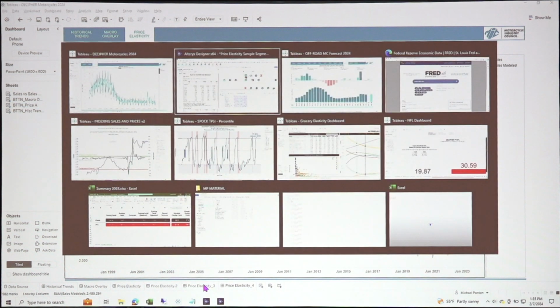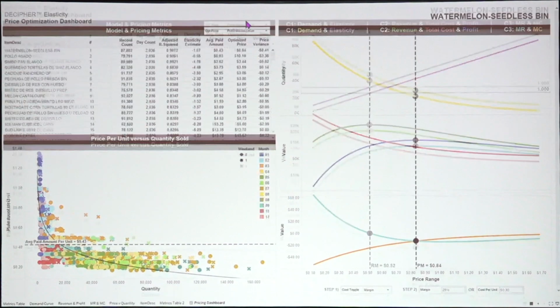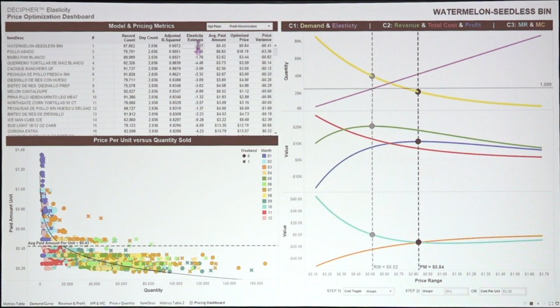Actually, I'll show you. So this is an example of a dashboard, I won't dive into it too deep, for a grocery store. So I'm measuring the price elasticity of watermelons, right? Look at the data. Look at the sales and the quantity sold. It's a perfect demand curve. And once you extrapolate that, you can do all these things from Econ 101.